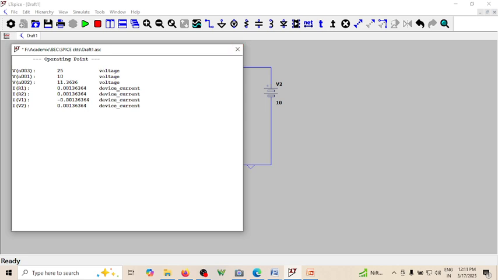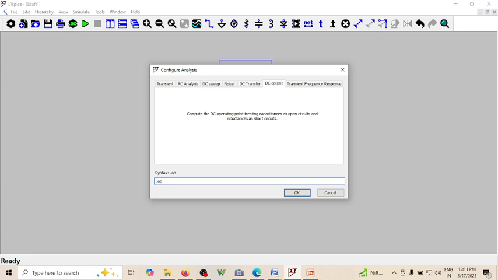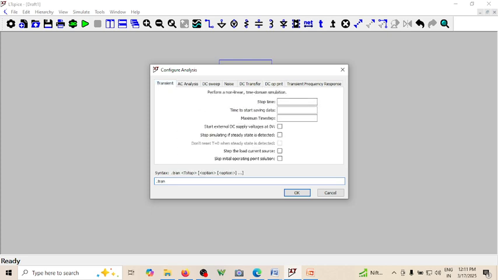I can find the voltage across the two resistors, for which I have to do a transient response. So I will go here and make a transient response. When you're making a transient response, you have to make some timing specifications.